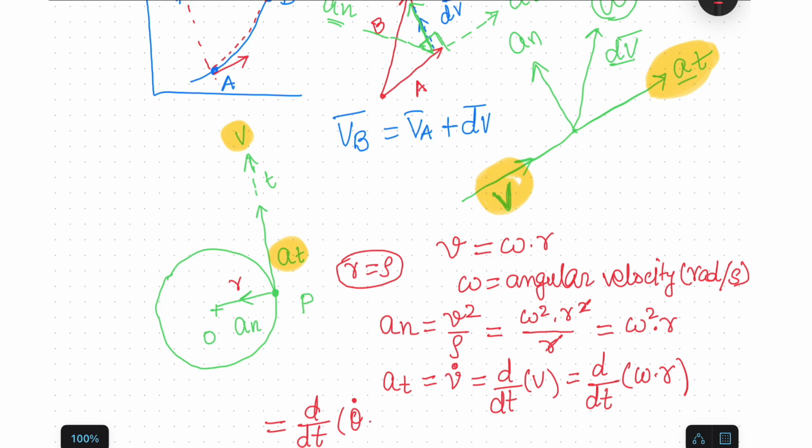R is a constant quantity, so r will come out and this will be theta double prime. So what do you see?